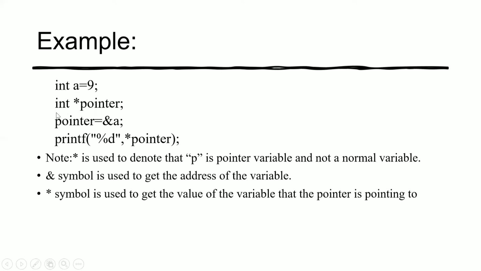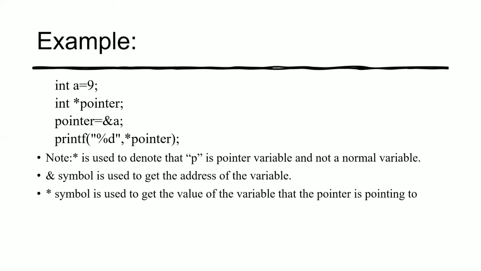Here we have an example. int a = 9; int *pointer; pointer = &a. So in this third statement, we are assigning the address of variable a to the pointer variable. Next, printf("%d", *pointer). Star is used to access the value stored in that variable. So here 9 will be printed.